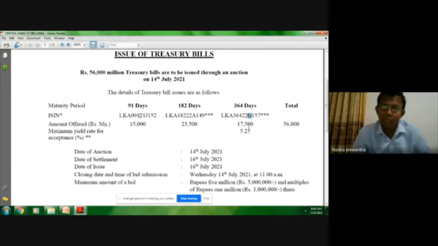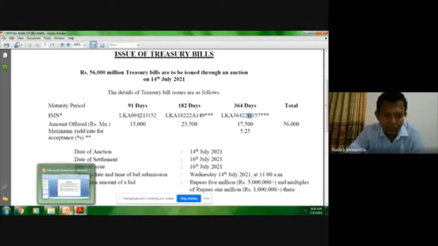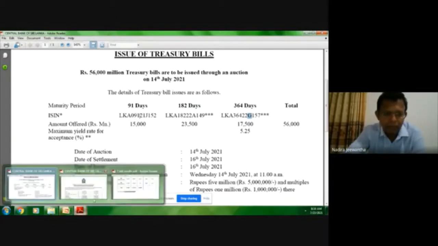The examiner can give you this ISIN number and ask you to find out different requirements. When is the maturity date? Is this a treasury bill or treasury bond? It could be a 2 marks question. Without giving the maturity date, he can give you this ISIN number for you to find out.